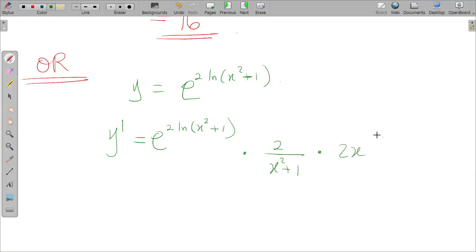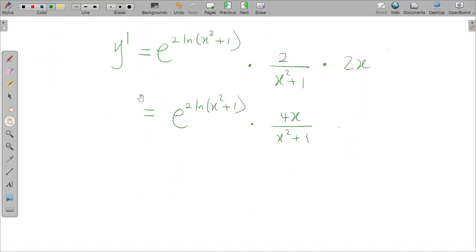That is what we have for the first derivative. So this becomes e to the 2 ln(x squared plus 1) multiplied by 4x over x squared plus 1. That's what we have for the derivative.